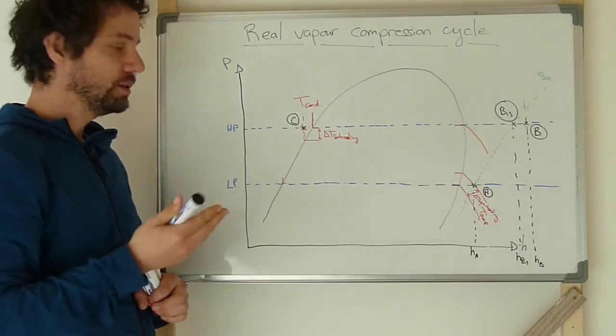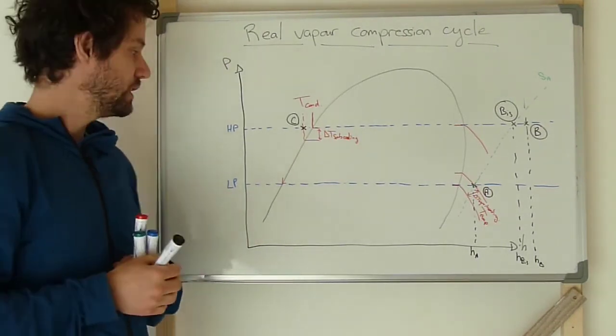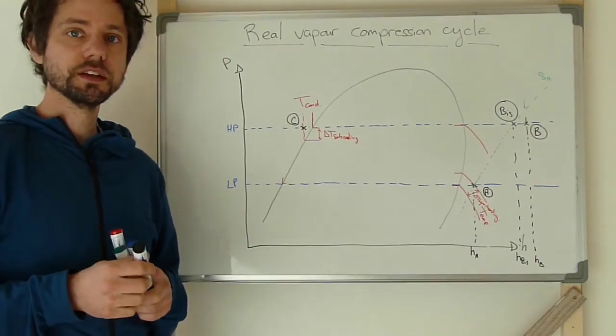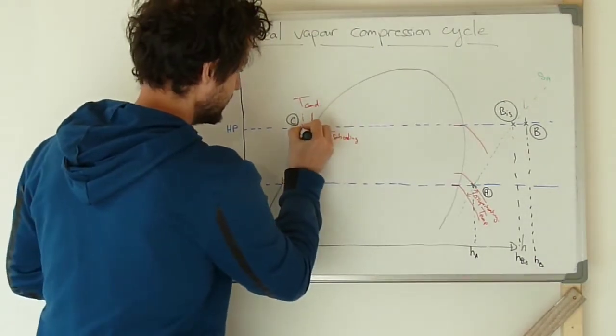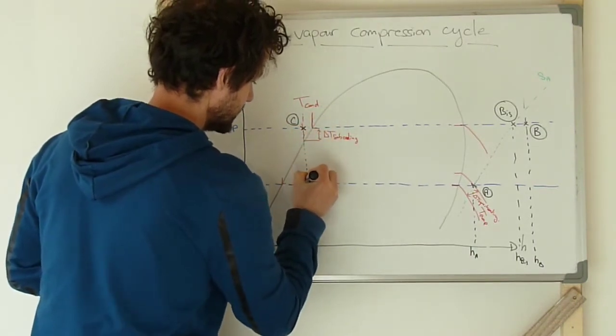Then between point C and point D, across the expansion valve, the specific enthalpy remains constant, so you can go directly vertically down on this kind of diagram.